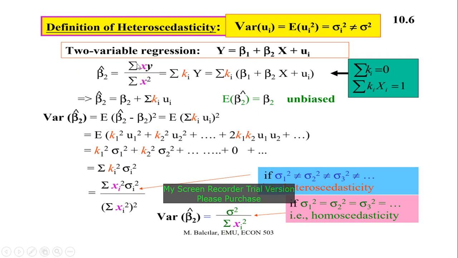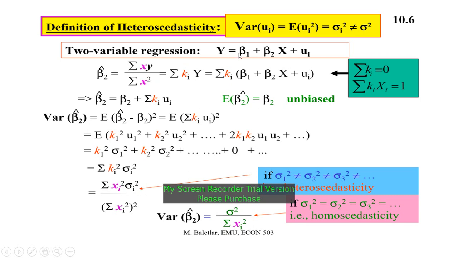When we denote summation of x on summation of x squared with ki, we end up getting beta 2 cap equal to summation of ki y. So when we represent or denote, we end up getting this.